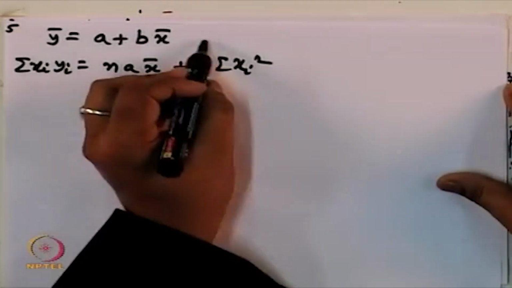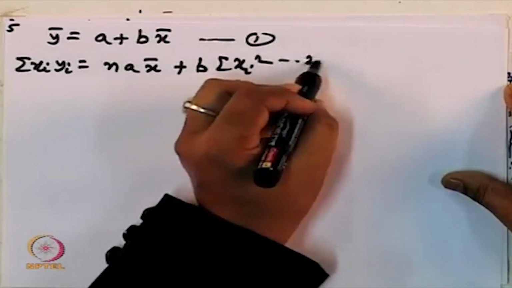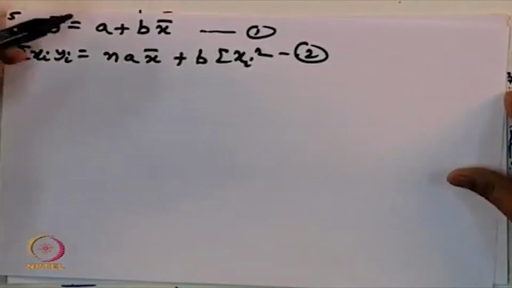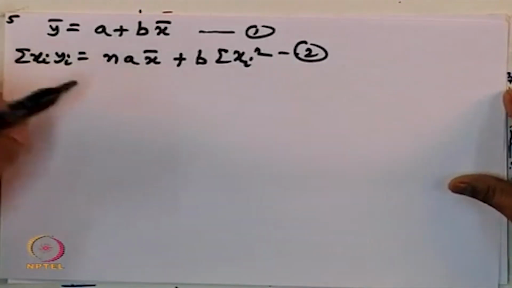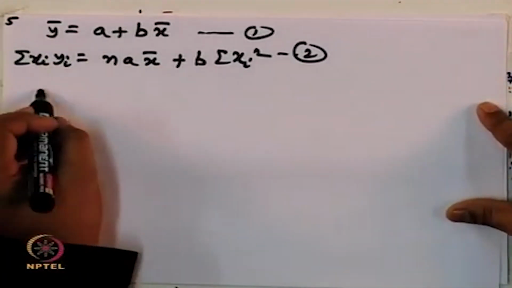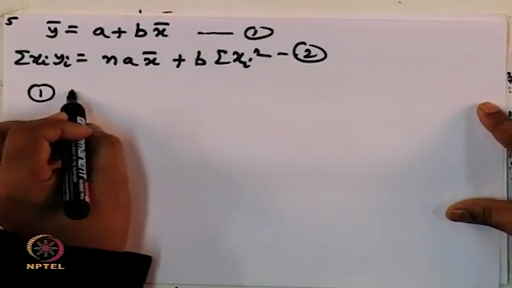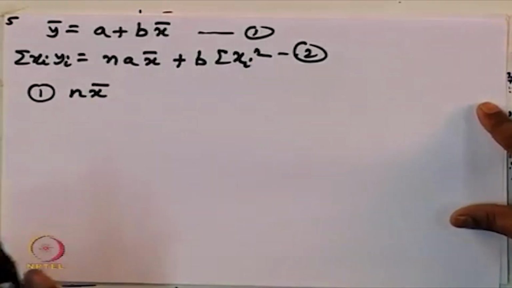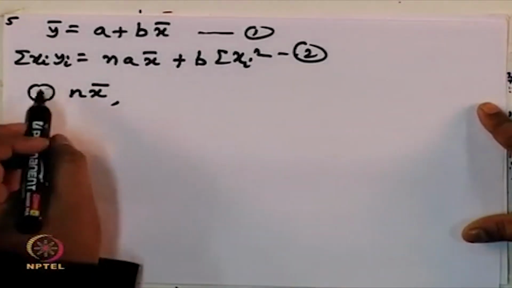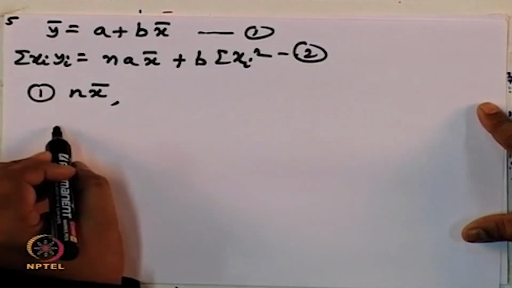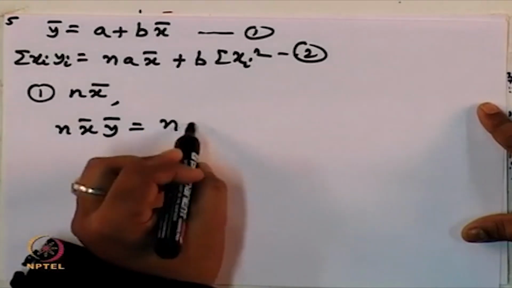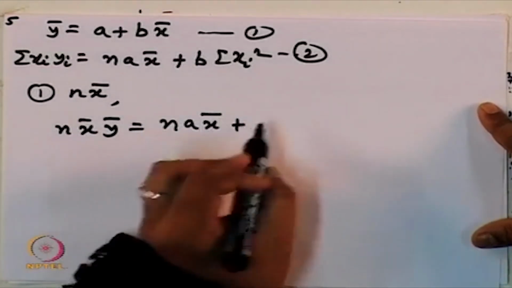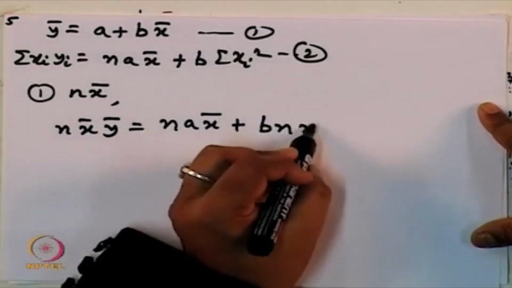Let us say this is my equation 1, this is my equation 2. I have two equations in two unknowns, which are a and b respectively. Now, can I eliminate one? I can multiply the first equation by n x bar and let us see what we get. I have n x bar y bar is equal to n a x bar plus b n x bar square.